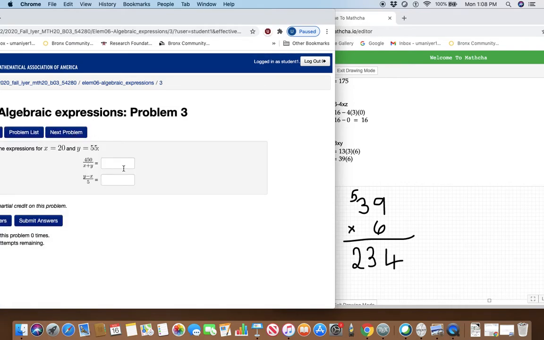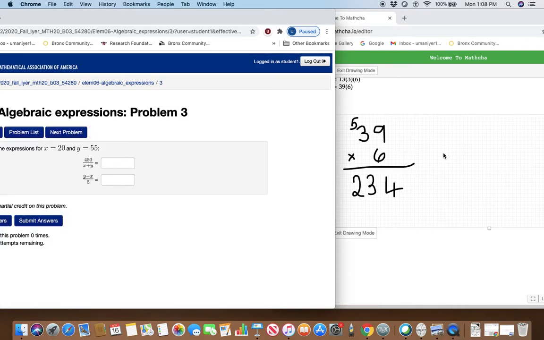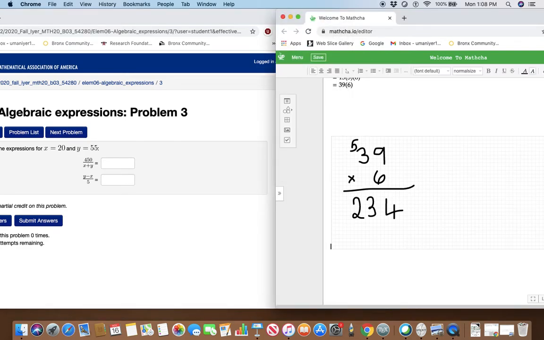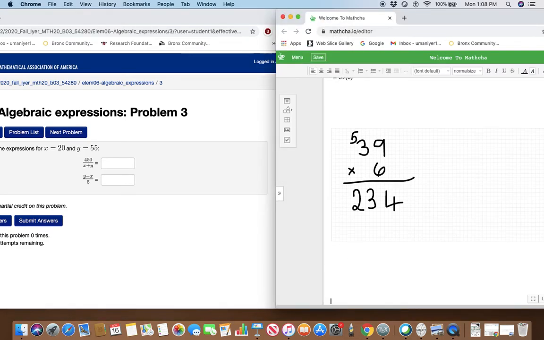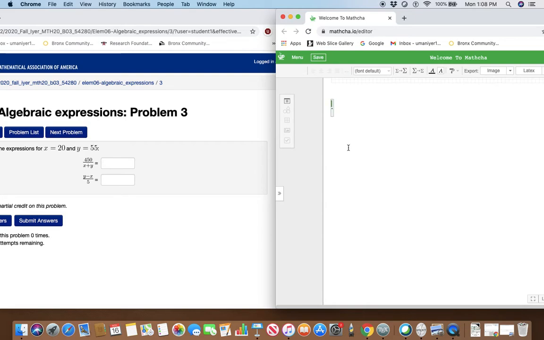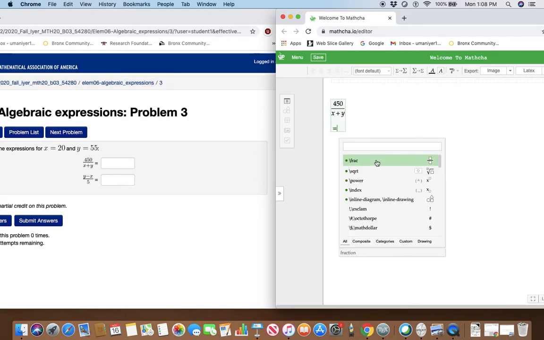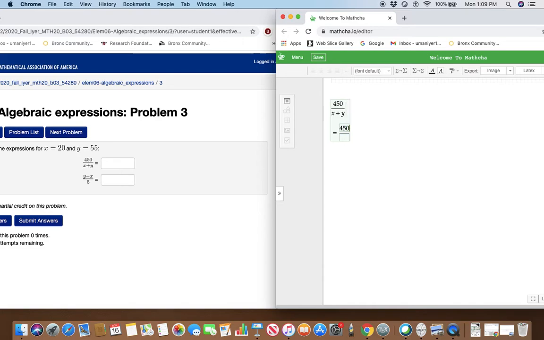Next. 450 over x plus y. All right. Okay. The expression is a fraction. 450 over x plus y. So you want the fraction 450 over variable plus variable.